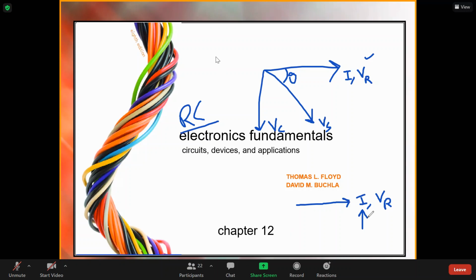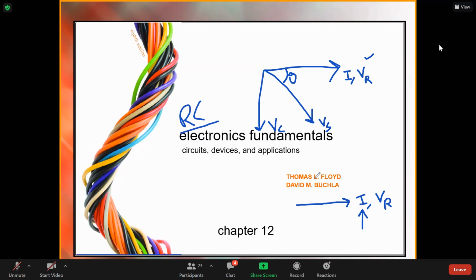Yesterday we discussed in terms of current: current leads the voltage in capacitance, and current lags the voltage in inductance. Now I am asking in terms of voltage. Current lags VL, so can I say VL leads the current?